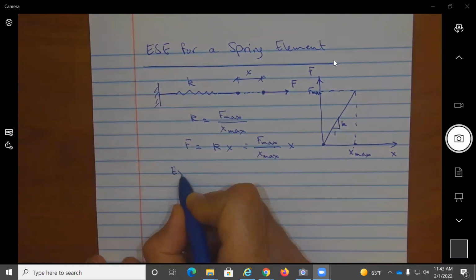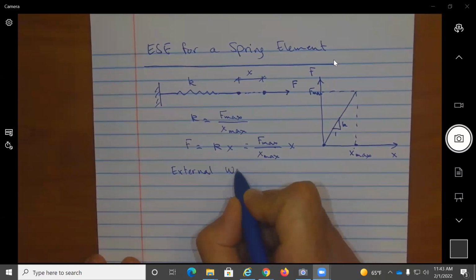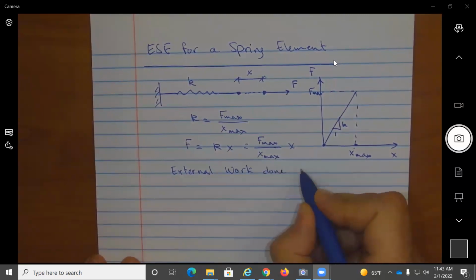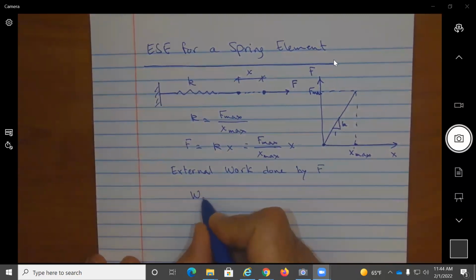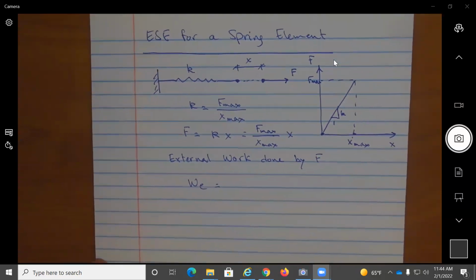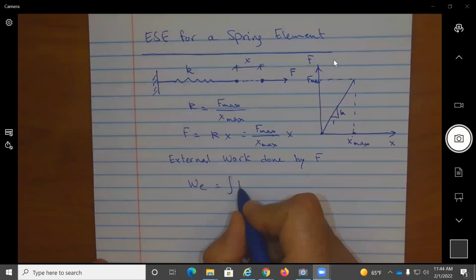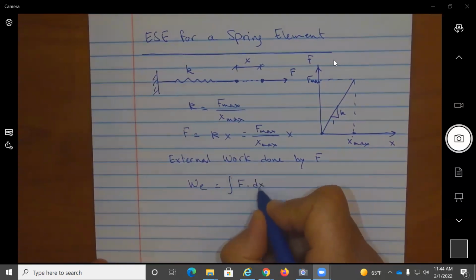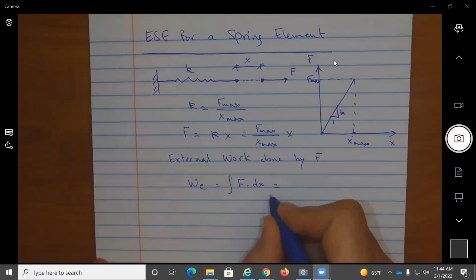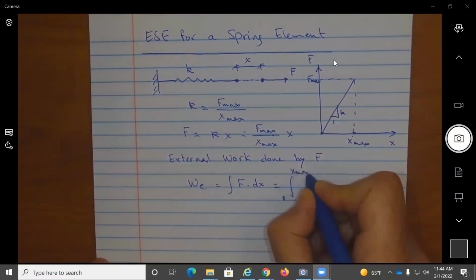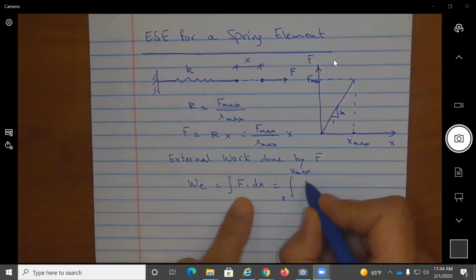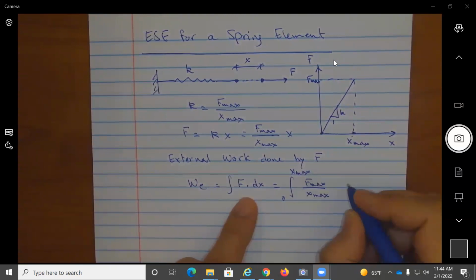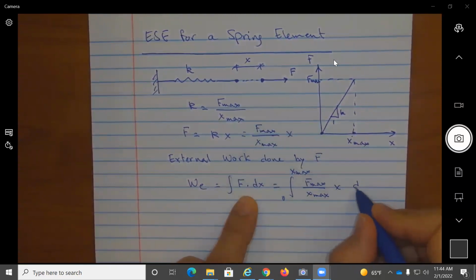If I want to evaluate the external work done by F, I can say that the external work WE is equal to the integral of F dx, going from 0 to X max, and I substitute for F: F max over X max times X dx.